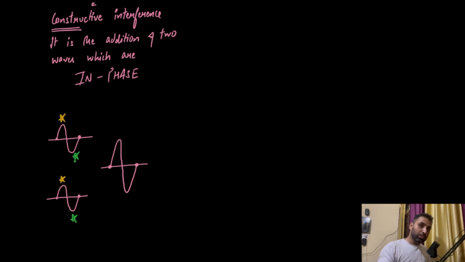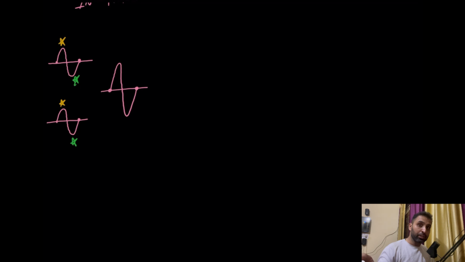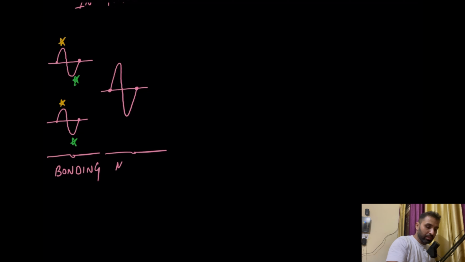When the two atomic orbitals are combining and the electrons in both are moving in waveform and the two waves are in phase, constructive interference results in the formation of the bonding molecular orbital.